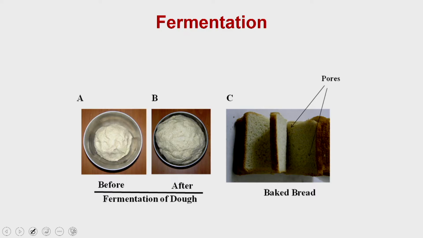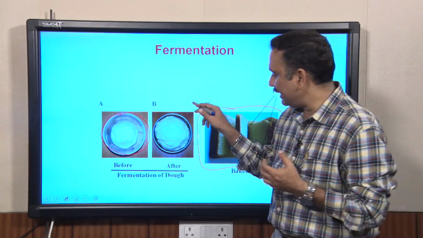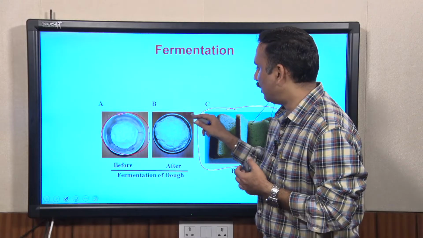So, we started very basic, with the very simple example of the formation of bread, a very classical example through which we started the course. People were making a dough, and then adding a very small quantity of yeast.